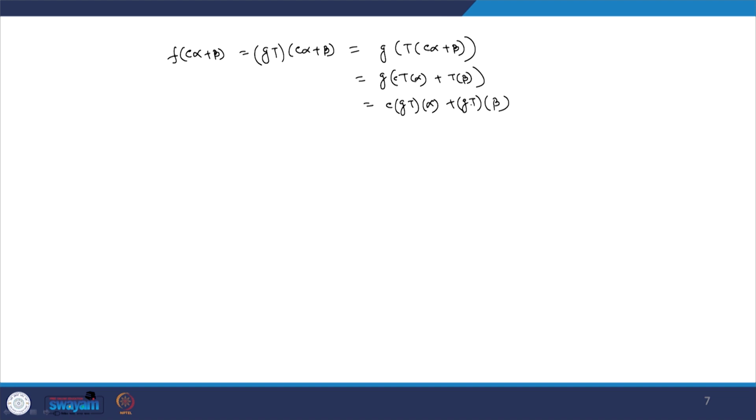So, this is linear. So, f is a linear functional on V.